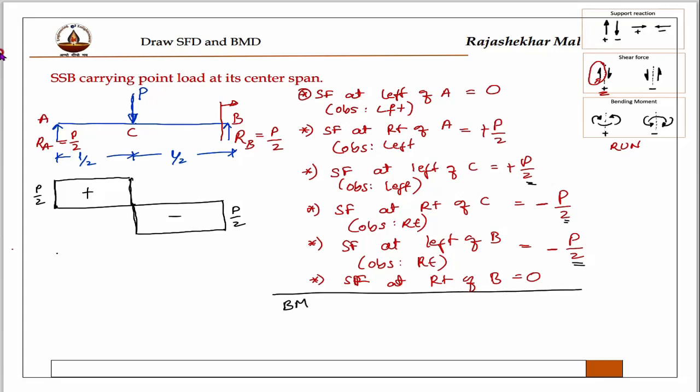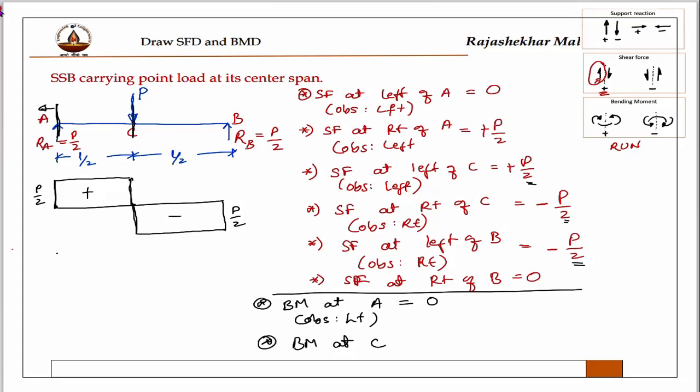Bending moment at A, means at this point. First we'll drop this one. Bending moment at A means take a section at this point, observe at the left side, therefore 0. Then bending moment at C point.